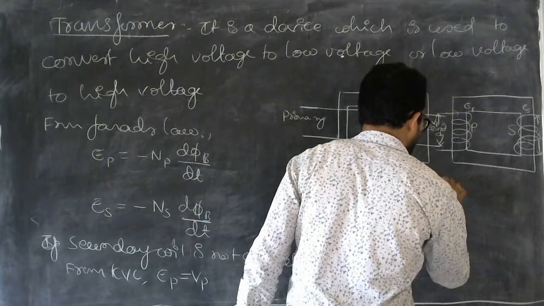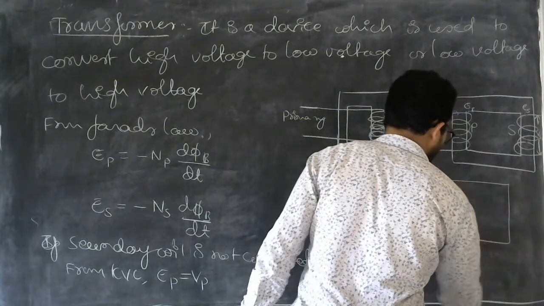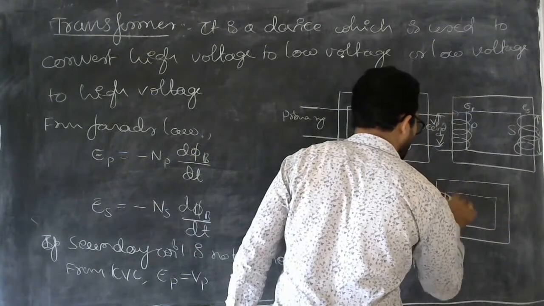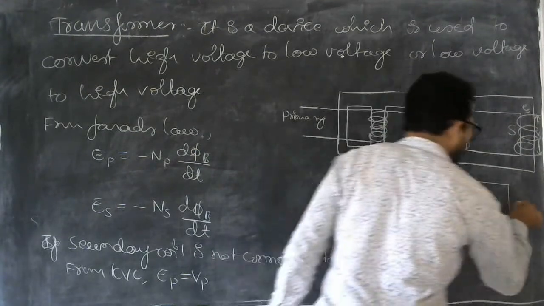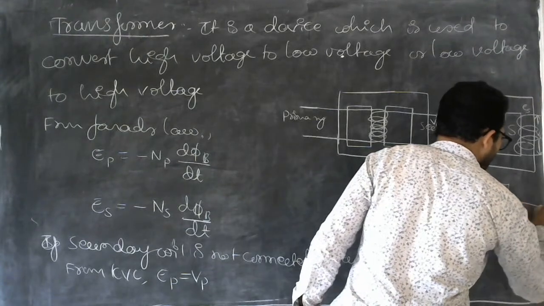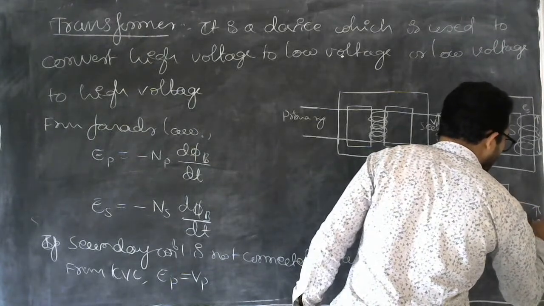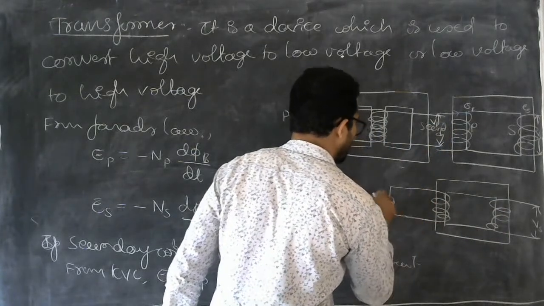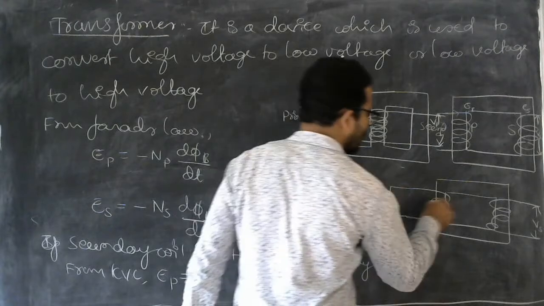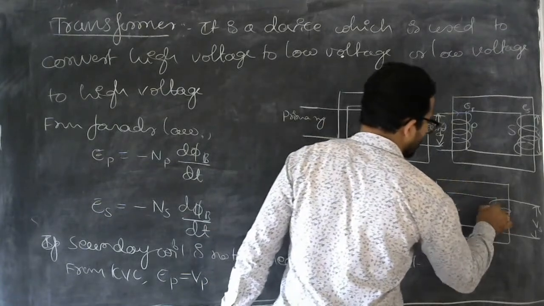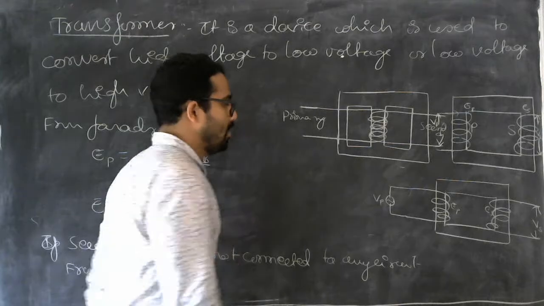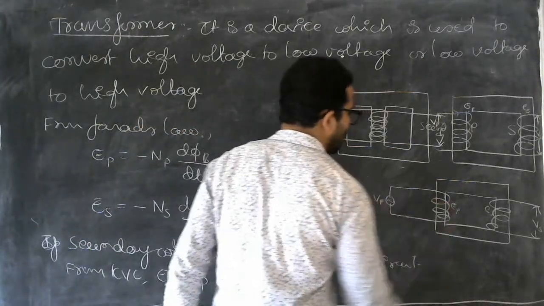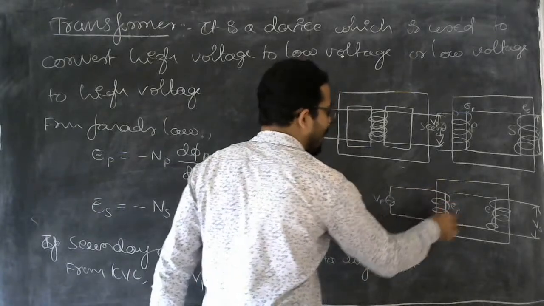This is VP, this is EP, this is ES. We have supplied the source to the primary coil, so the resistance of these windings is 0.